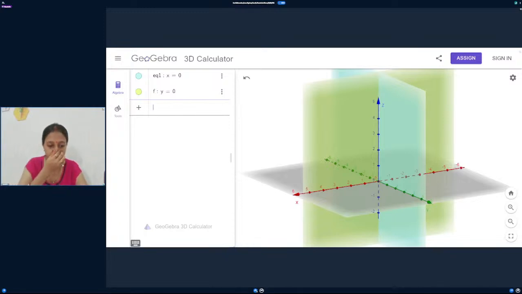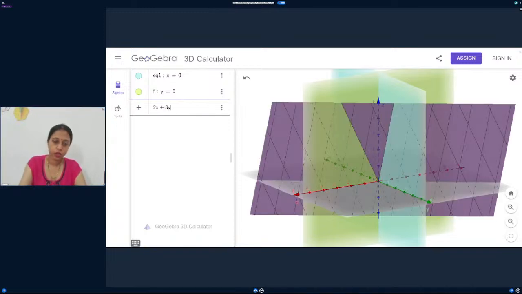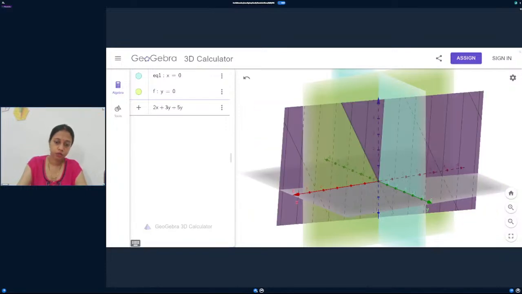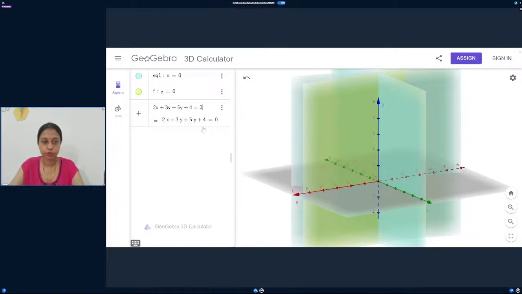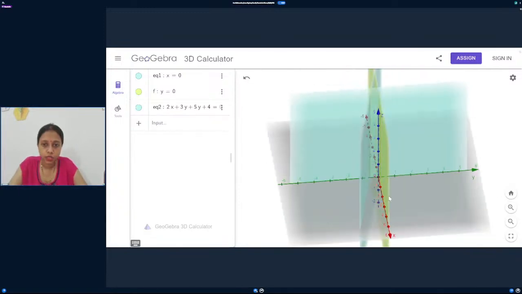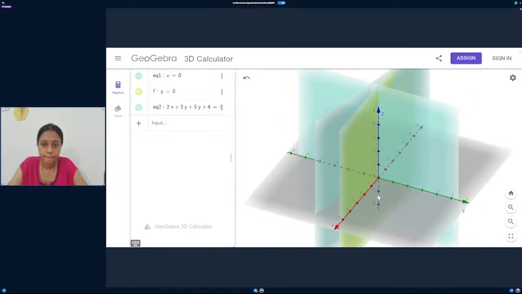So if I take for example 2x plus 3y plus 5z plus 4 is equals to 0, it is representing a plane.